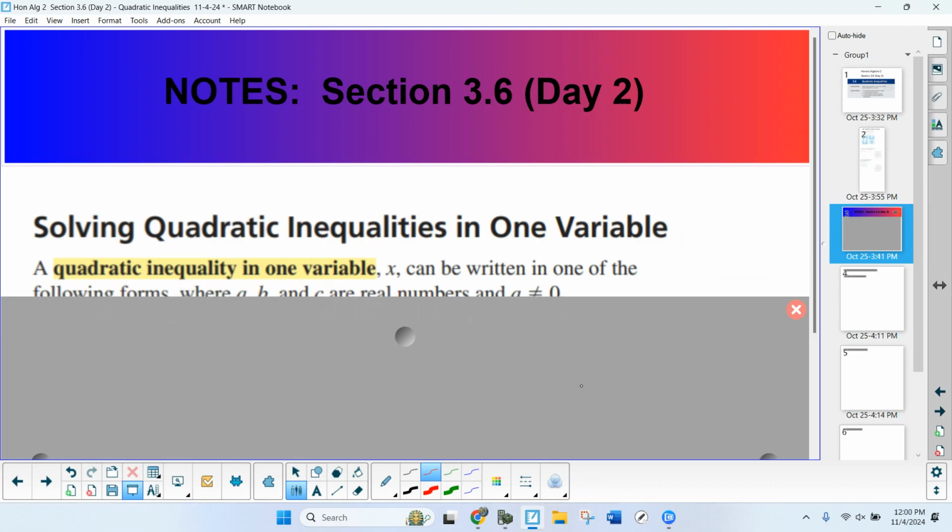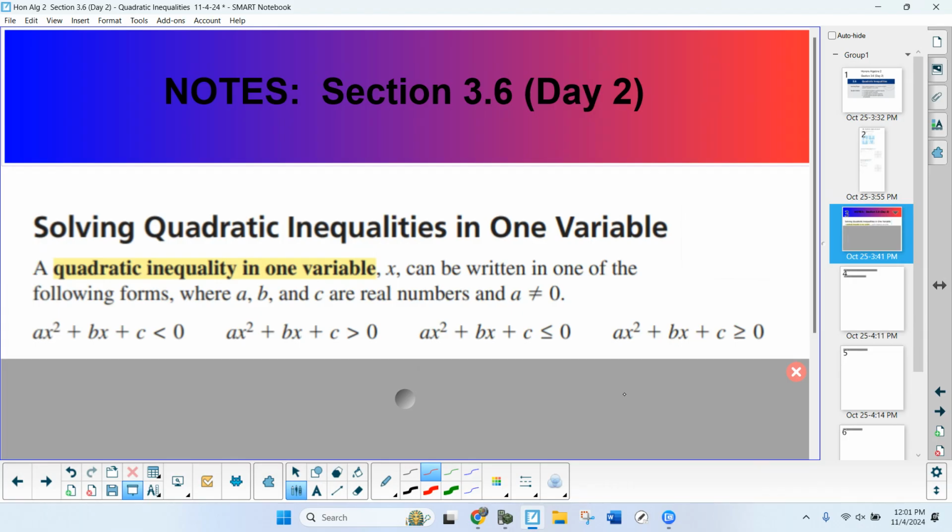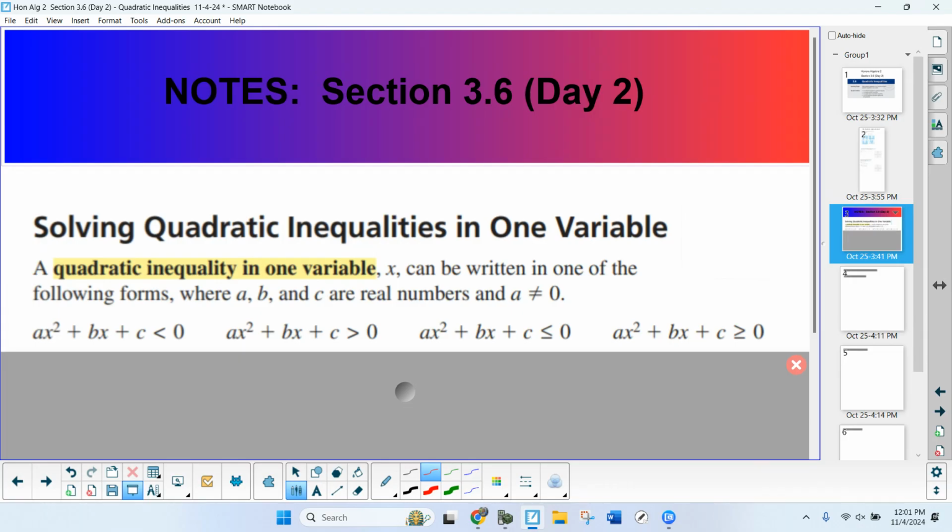We're going to talk today about solving, and you don't have to write any of this down. I'll tell you what you have to write down. We are going to talk about solving a quadratic inequality in one variable. A quadratic inequality in one variable might look like this. It's in standard form, ax squared plus bx plus c.